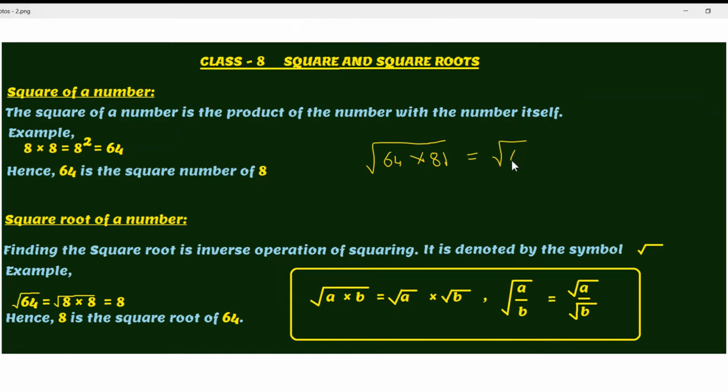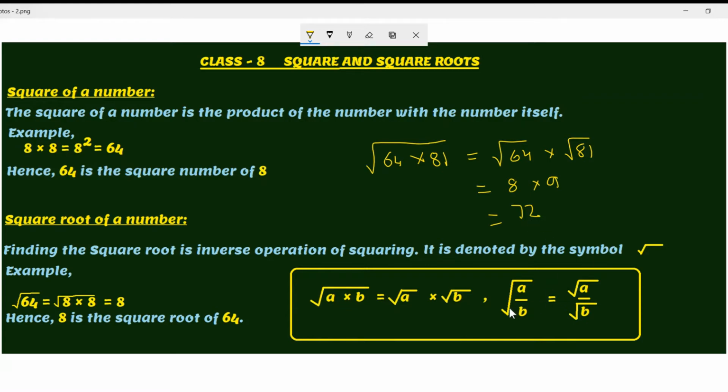Before itself you can write root 64 into root 81. We know the square root of 64 is 8, and 9 9s are 81, so we can write 9. 8 into 9 is 72. So the square root of 64 into 81 is equivalent to 72.